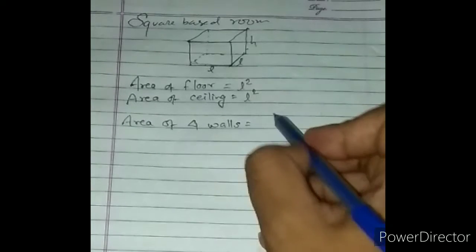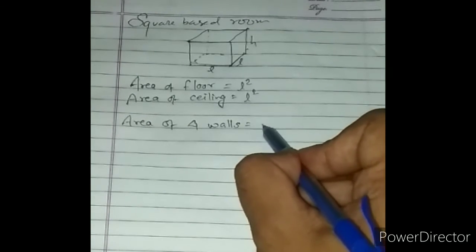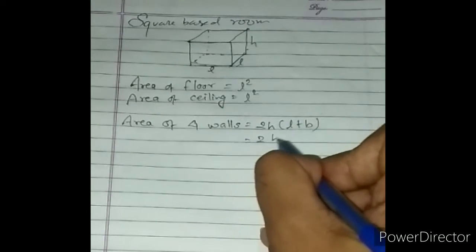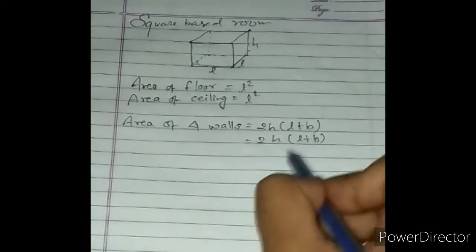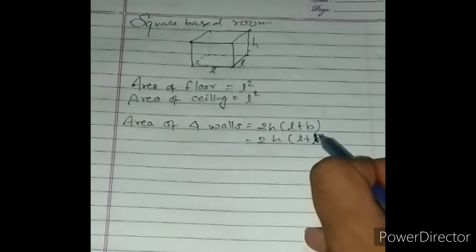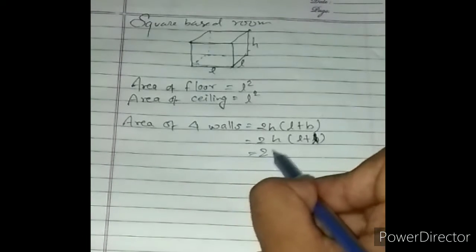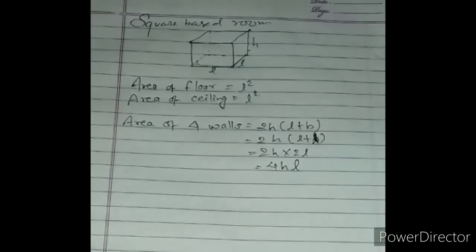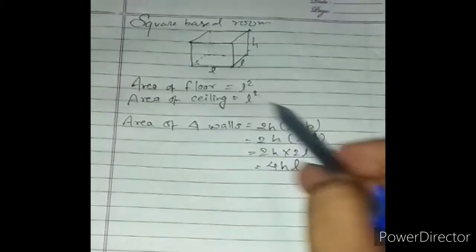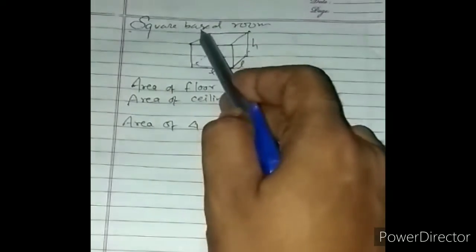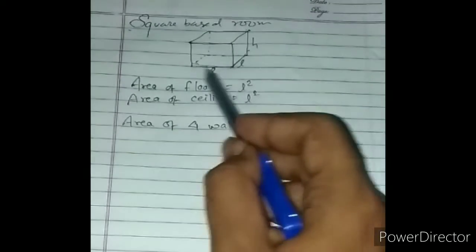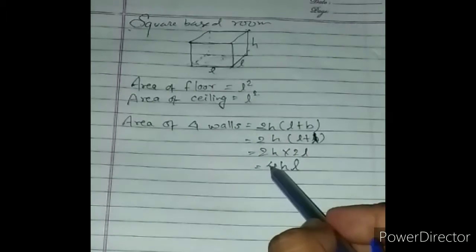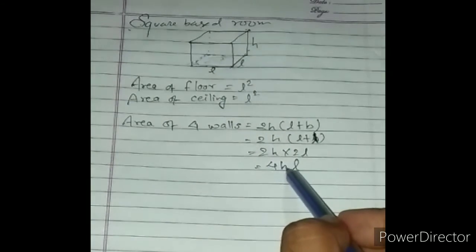Area of four walls: actually the formula is 2H(L plus B), but length and breadth are both the same, so in place of breadth we can write length: 2H into 2L. 4HL is the area of four walls if the base of the room is square.